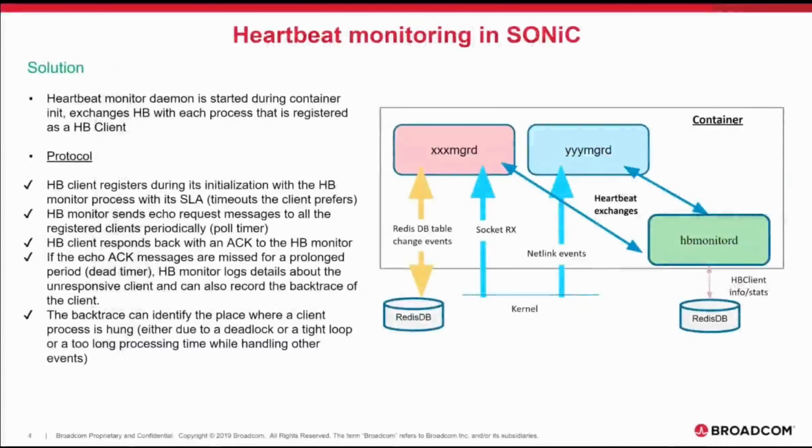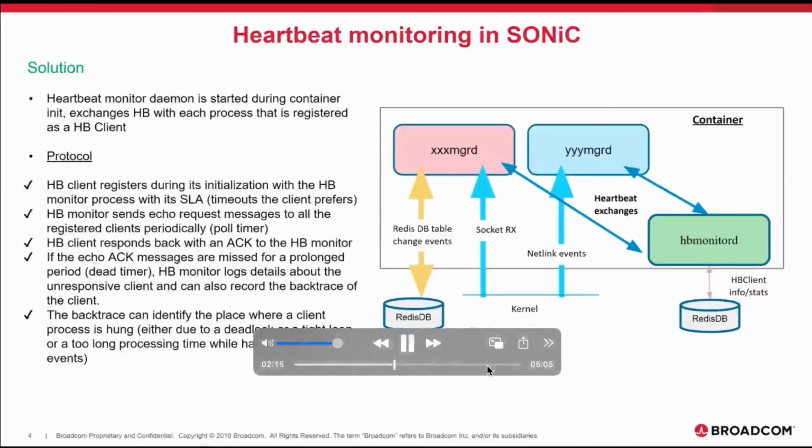Going into the solution details, the heartbeat daemon is started during the container initialization, and the clients can register as heartbeat clients to the heartbeat monitor by giving their preferred values of the poll interval in an SLA message, the poll interval at which they want to be periodically polled, and also the dead interval, which is the interval for which, if they don't reply back with an ACK, the heartbeat monitor can take corrective action or report it.